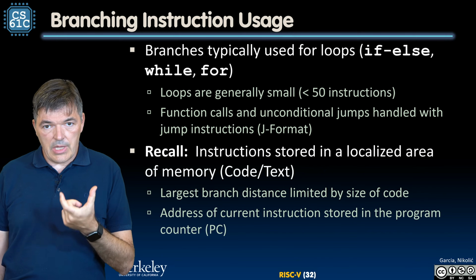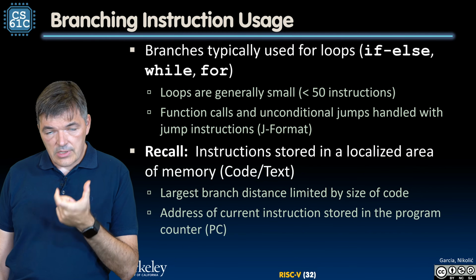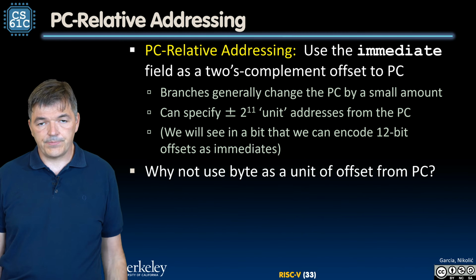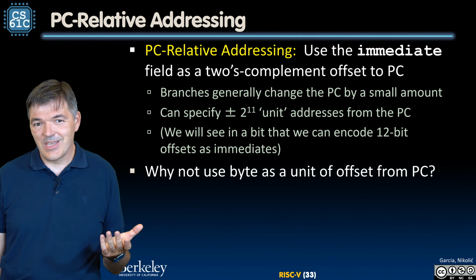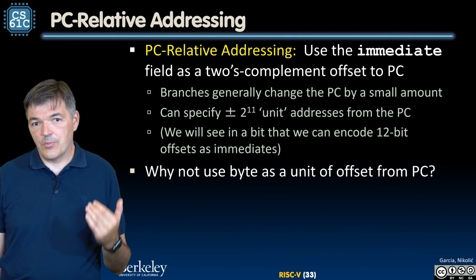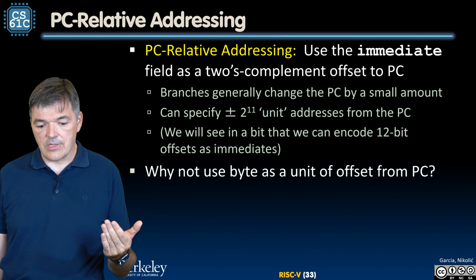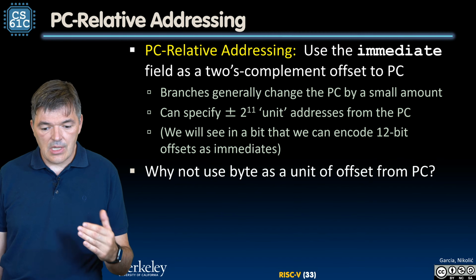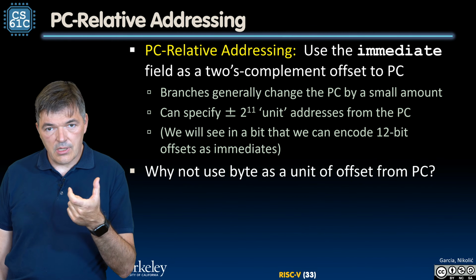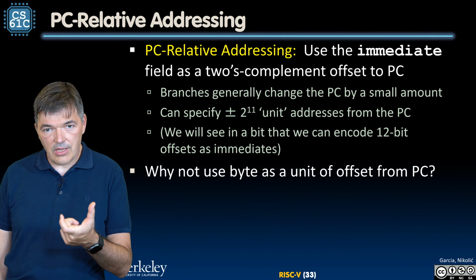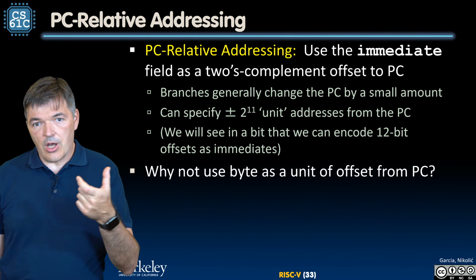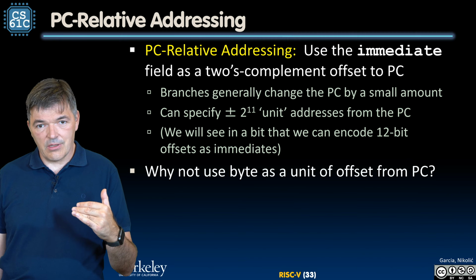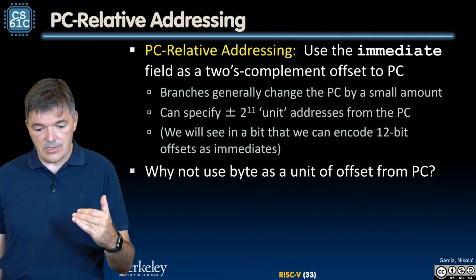So the address of the instruction that is currently being executed is in the program counter. So it makes sense to use so-called PC-relative addressing for the branches. What does that mean? PC-relative means that we are going to use an immediate value to calculate the offset from the current instruction that is in the program counter.